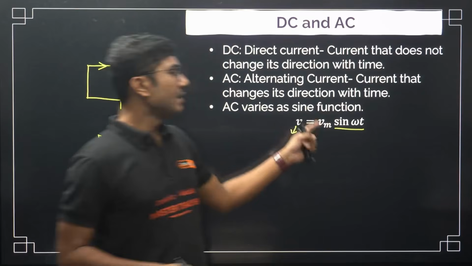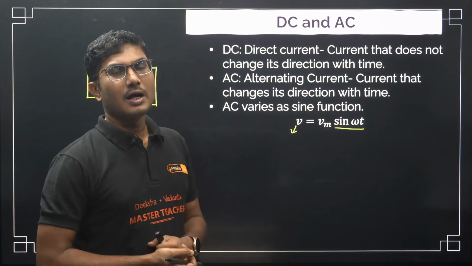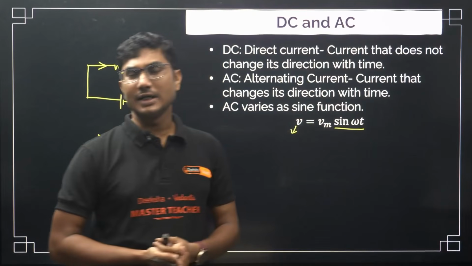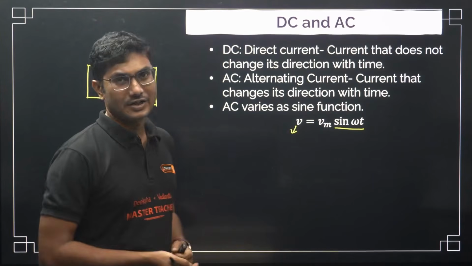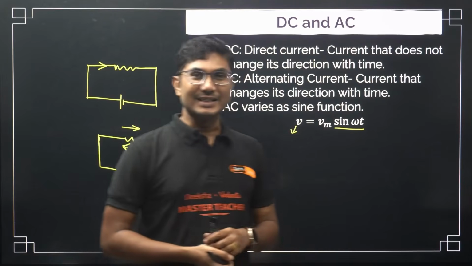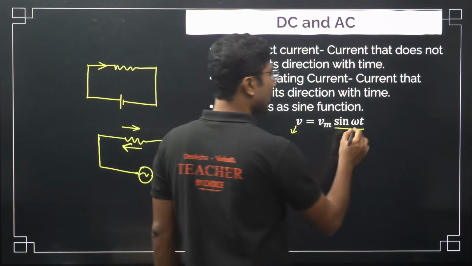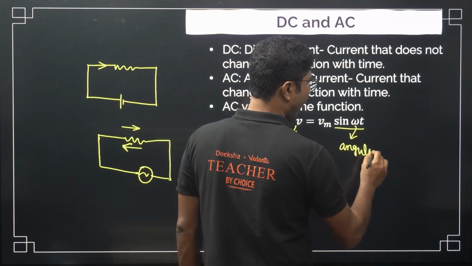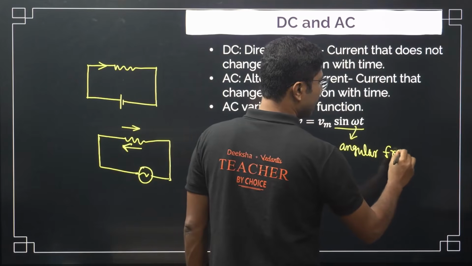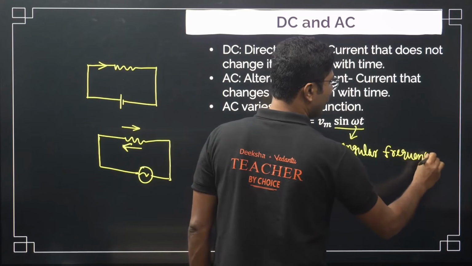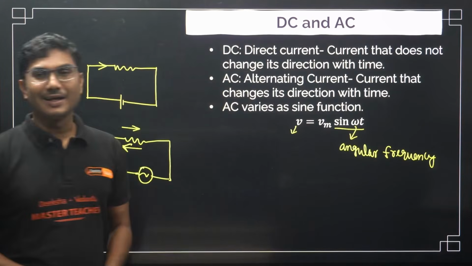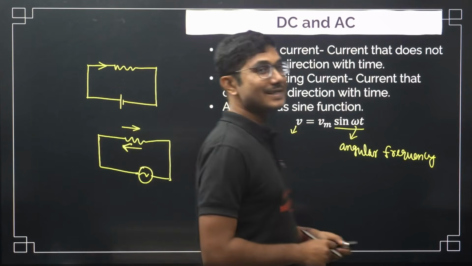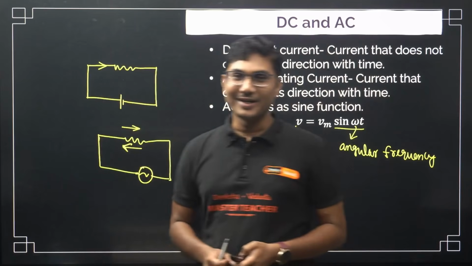Vm is the maximum value of the AC, called the amplitude of AC, and sin ωt is the term that changes the direction. Now ω is the angular frequency, similar to what you learned in SHM. Basically, if a power supply varies like an SHM, then we call it an alternating current.